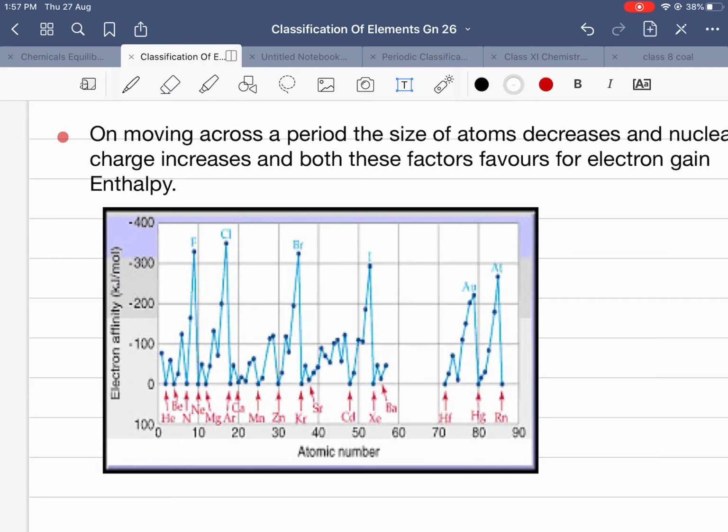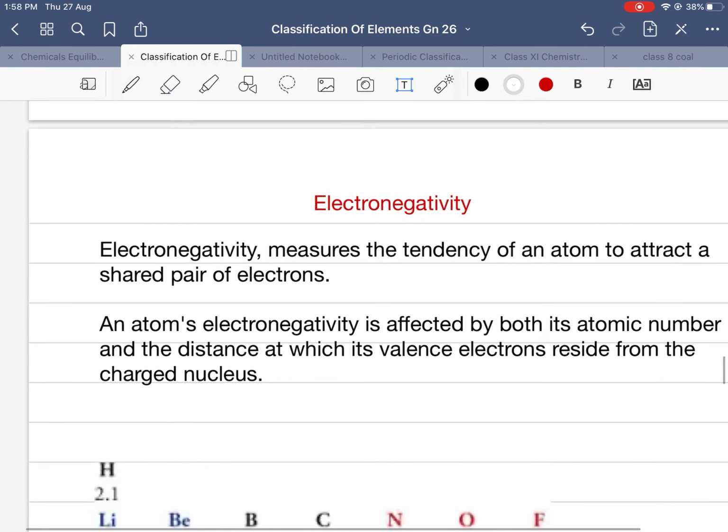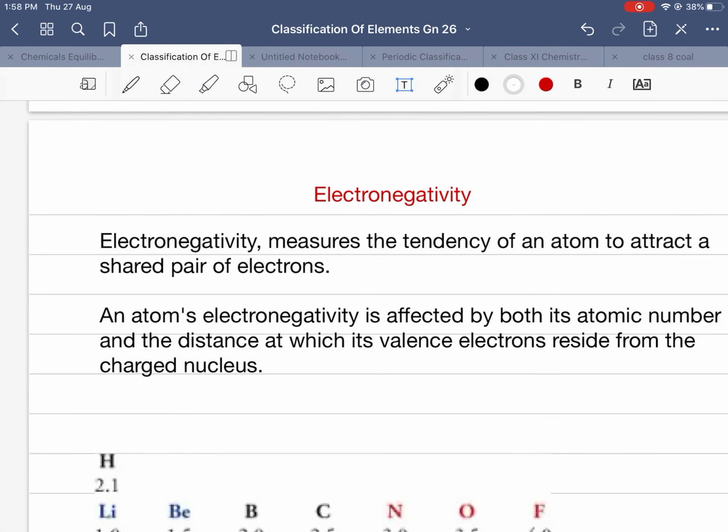The trend of electron gain enthalpy in a group is decreasing, but the electron gain enthalpy values of elements of the second period are less than those of the third period. For example, for fluorine it is 328, whereas for chlorine it is 349 kilojoule per mole.